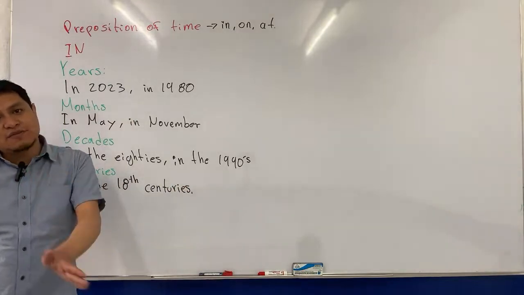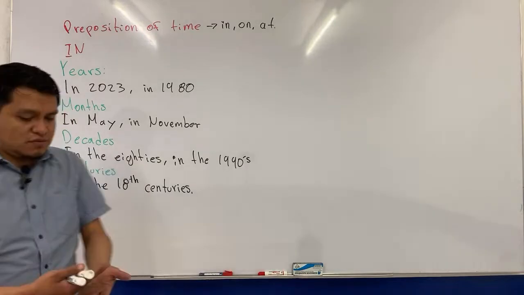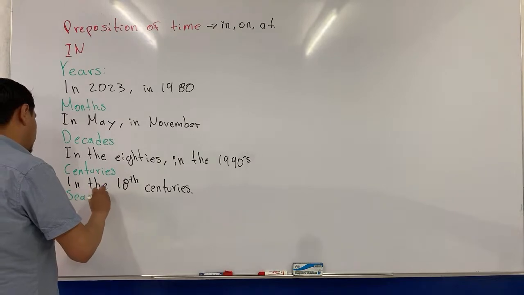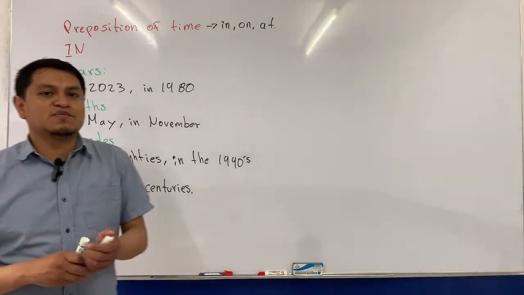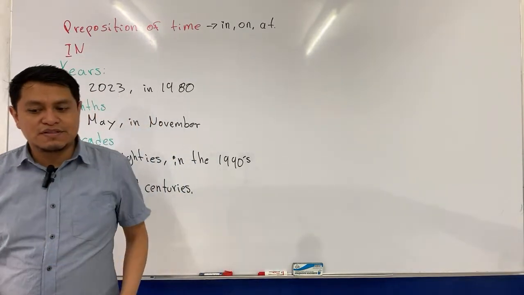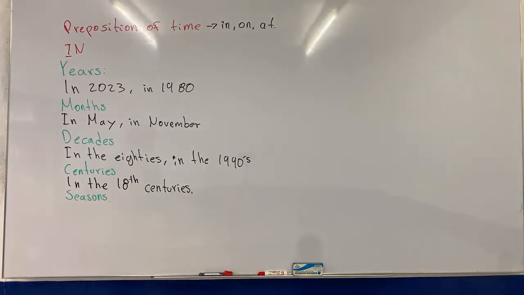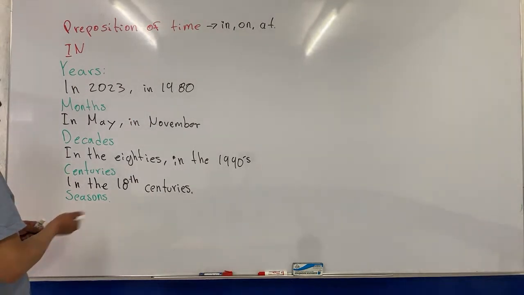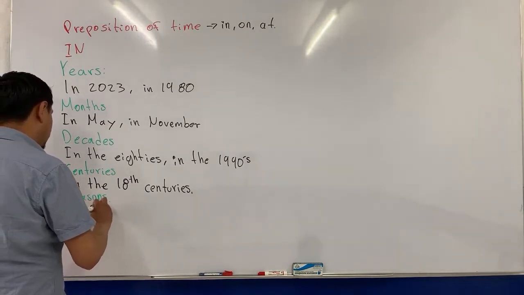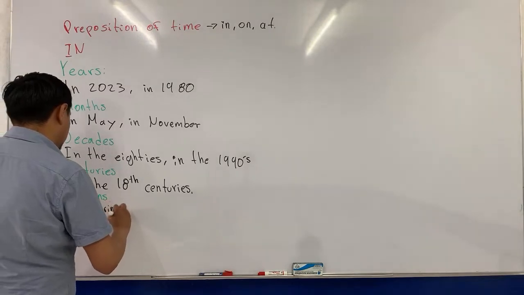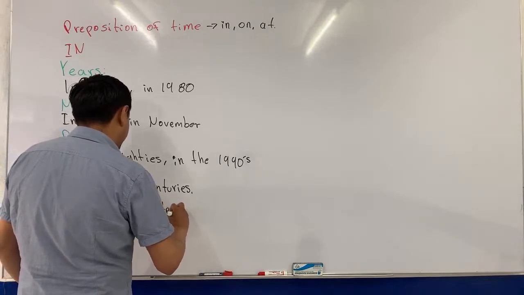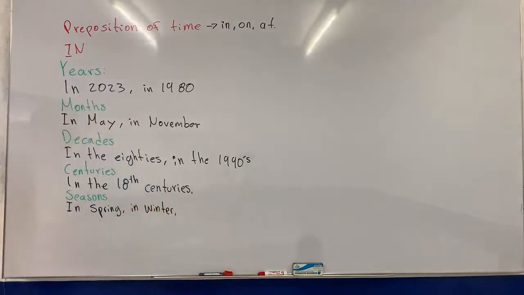Another word that needs this preposition is seasons. I mean spring, summer, autumn, and winter, etc. In spring, in winter, etc. All the seasons, right?